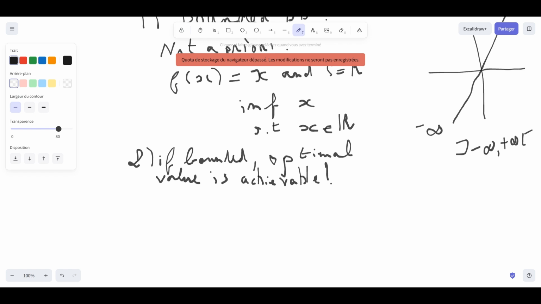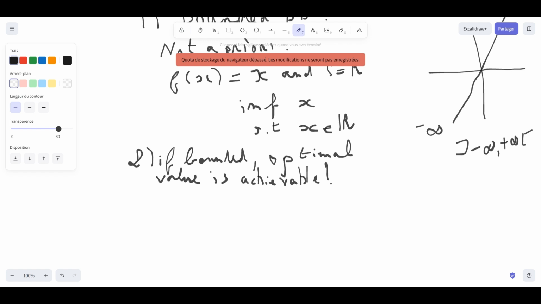Indeed, we have a counterexample. In other words, if the infimum over S gives some value R, does there exist an x in S such that f of x equals R?